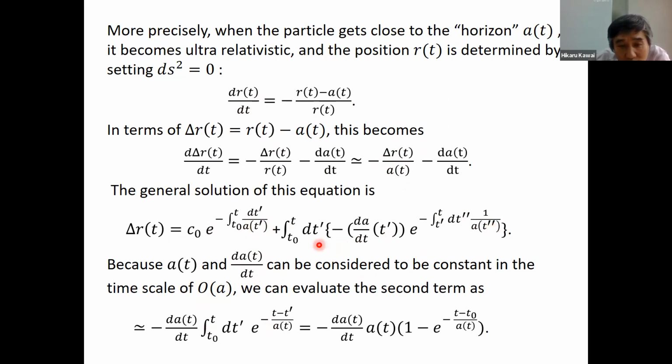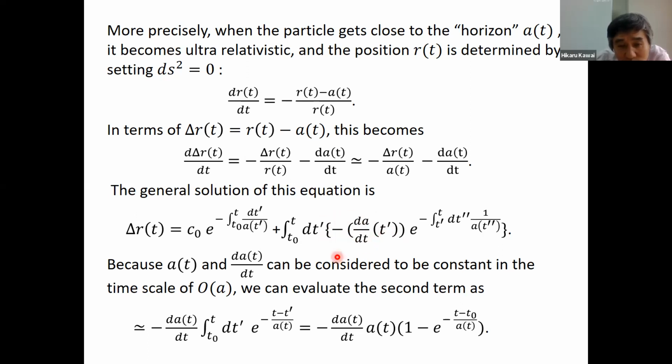So the second term can be approximated like this. We have minus dA/dt, but since dA/dt changes slowly, we just approximate this part by dA/dt at t.